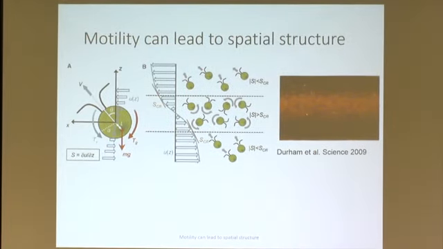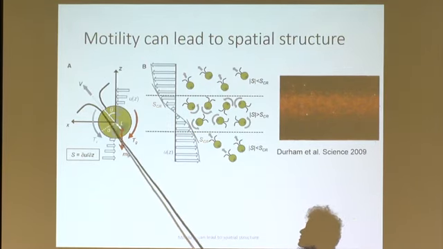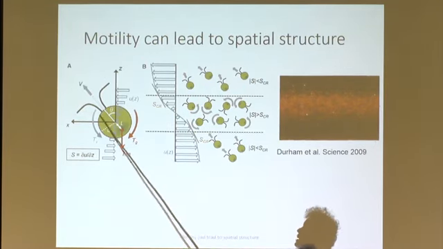So the first example I want to present about motility leading to spatial structure is a paper that came a few years ago out of Roman Stocker's lab, but had its foundations much earlier on in models of gyrotaxis that Tim Pedley and John Kessler did. So what we have here is a cartoon of a swimming algae.